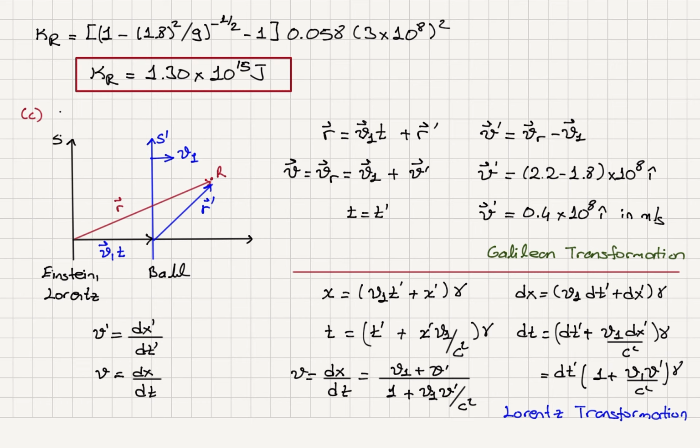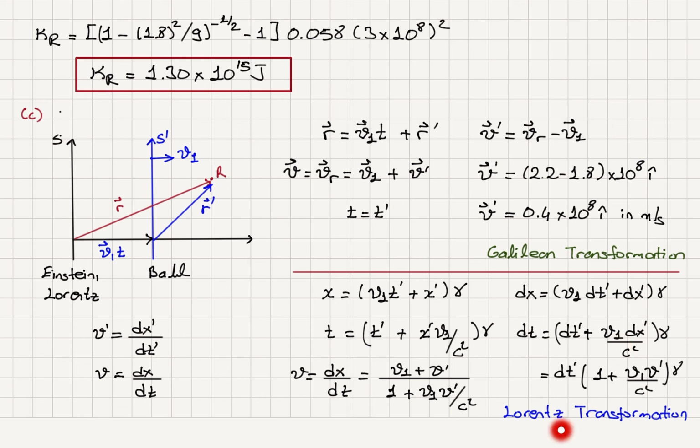And if I divide these two, dx and dt, noting that this is dt prime times 1 plus v1 dx prime over dt prime, which is v prime, over c squared, times gamma, I obtain v equal to v1 plus v prime divided by 1 plus v1 v prime over c squared.